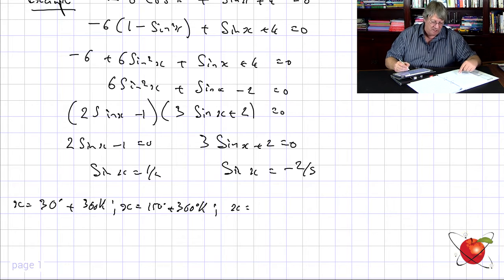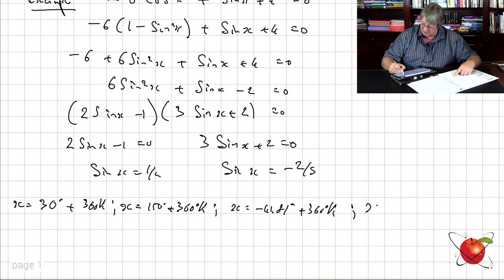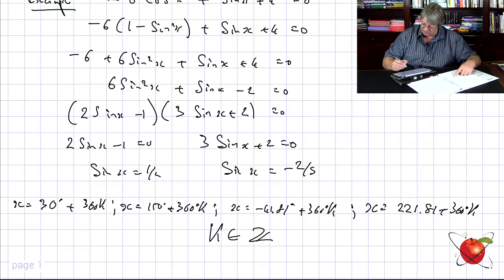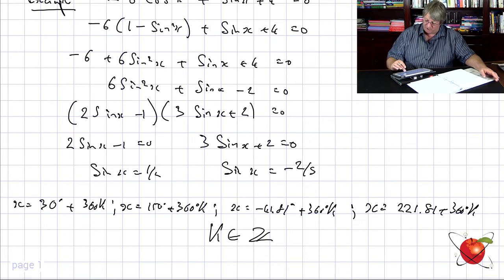X equals minus 41.81 degrees plus 360 degrees k. X equals 221.81 plus 360 degrees k. And you always put k as an element of z at the bottom.